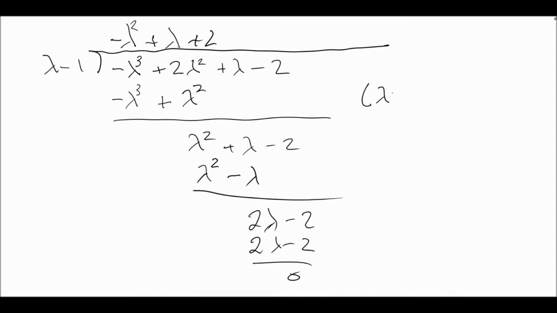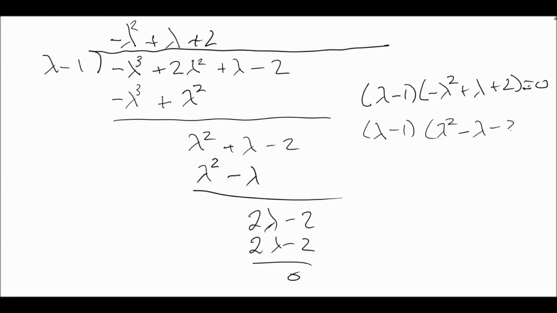So we've figured it out. We can factor our cubic into this, which I have an easier time dealing with if we multiply both sides by minus 1 to get lambda minus 1 times lambda squared minus lambda minus 2 equals 0. What two numbers when we multiply them together give us minus 2, but when we add them together we get minus 1?